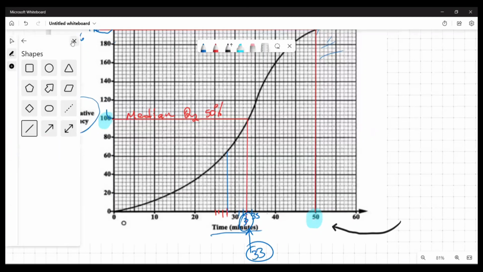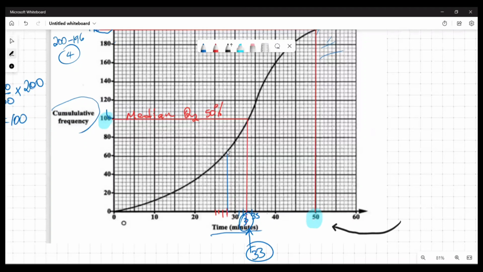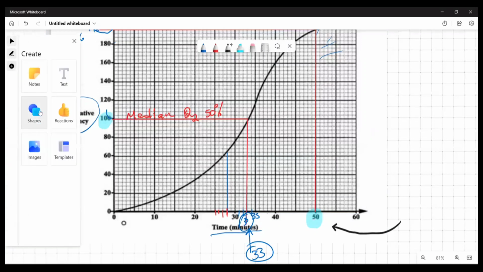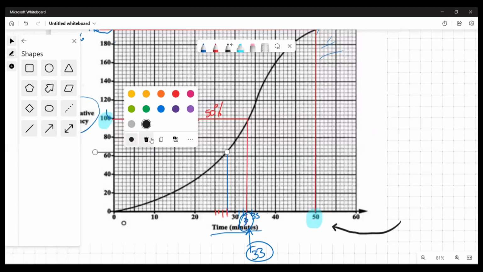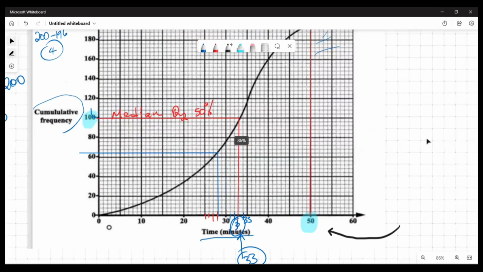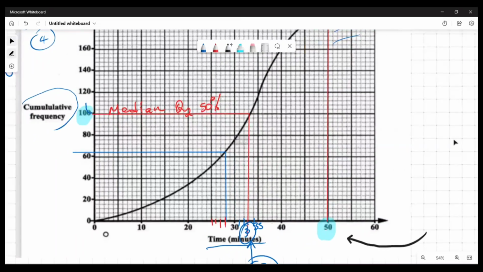So by now, everybody should finish. See there? Remember now what the scale was from this side?